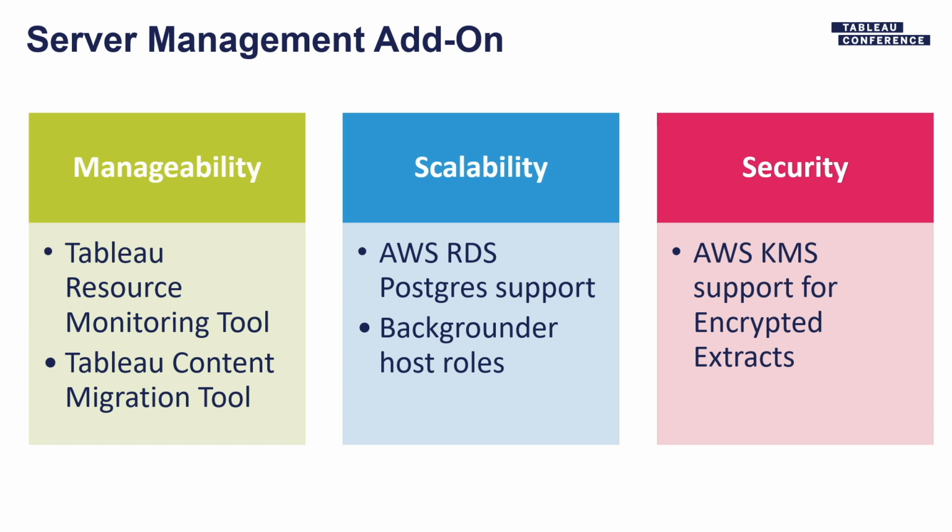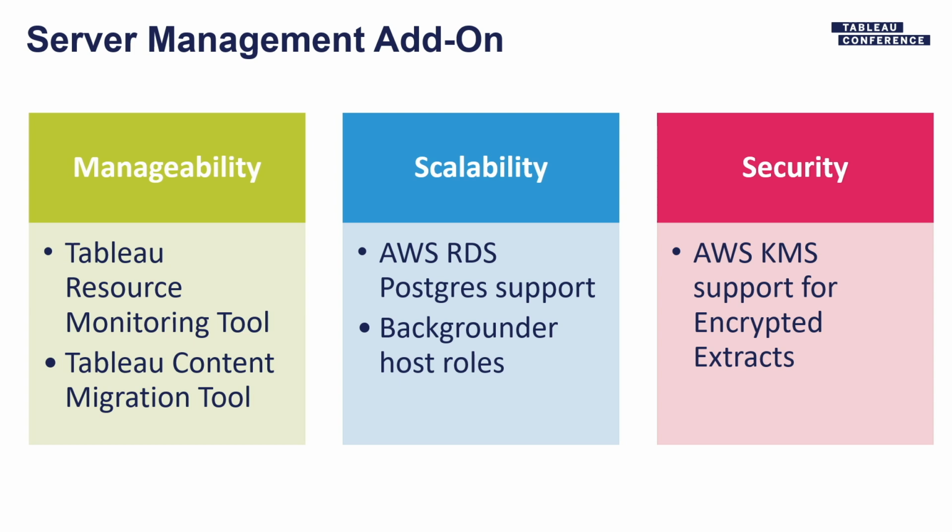It's pre-built to help you understand in a great amount of detail why Tableau Server is running the way it is. There's also a content migration tool. A customer asked me earlier, how do I migrate my content from on-prem to AWS when my users are using both environments at the same time? The content migration tool helps you solve that.